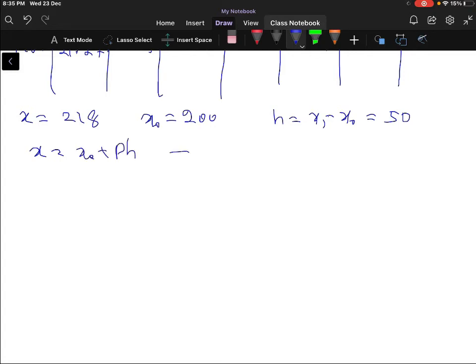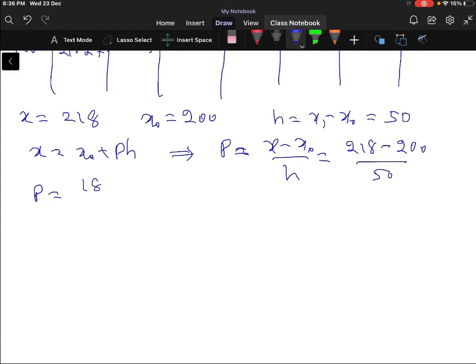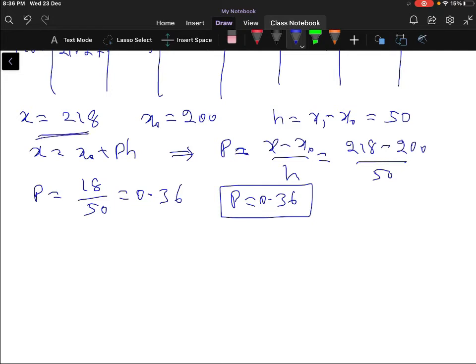Now we have x is equal to x naught plus ph, so this implies p is equal to x minus x naught by h. x is 218 minus x naught is 200, by 50. So this implies p is equal to 18 by 50, that is 0.36. So p is equal to 0.36.